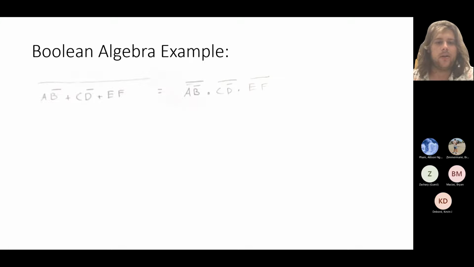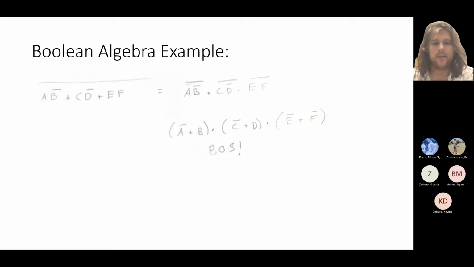So AB bar quantity barred will become A bar plus B, and these products still remain here. You once again apply the inversion down to CD bar, you get C bar plus D. And once again, if you apply it to the bar of E and F, you get E bar plus F bar, which is just a direct application of De Morgan's.